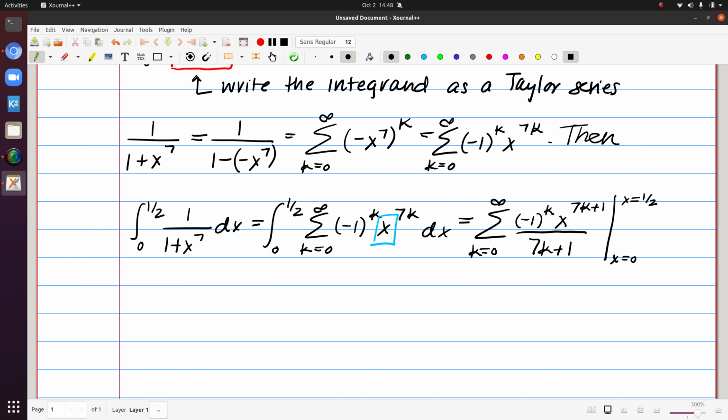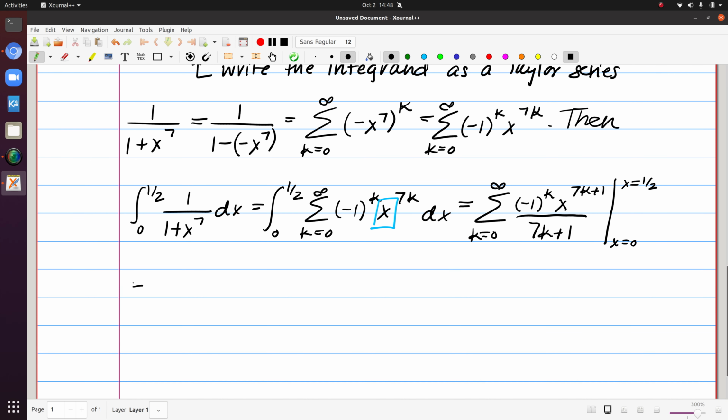So consequently, I don't end up having a difference of two sums. Instead, I really just have the sum that I get from this top bound. And that is the sum from k equals 0 to infinity of negative 1 raised to the k times 1/2 raised to the 7k plus 1 over 7k plus 1.